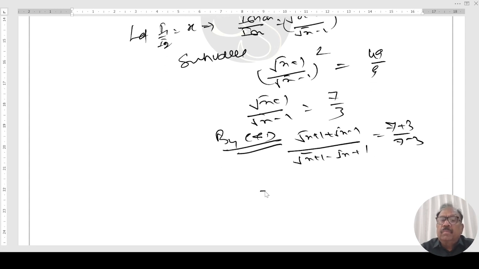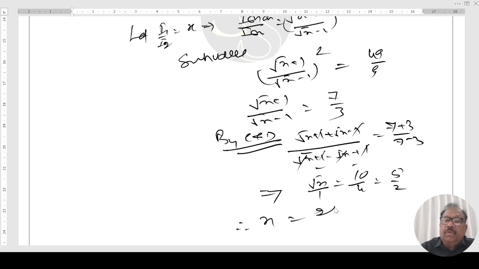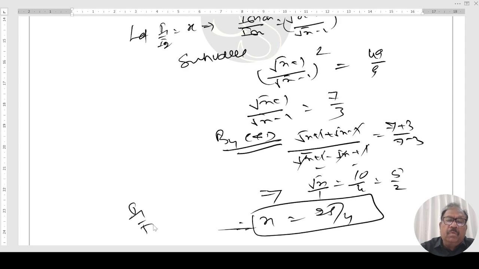On simplification, this goes, this goes, so root x upon 1, the 2 cancels, that is 10 upon 4, that is 5 by 2. Therefore, x equals 25 by 4, which is I1 over I2.